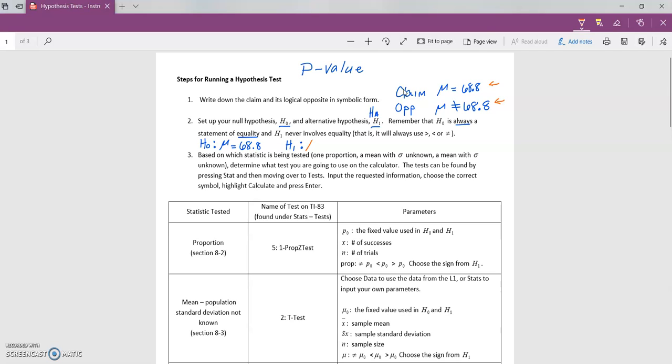So it's the mean does not equal 68.8. So your alternative hypothesis is always going to be either the claim or the opposite claim, whichever one does not have an equal sign. So it's either going to be a less than, a greater than, or a not equal to. Those are your only 3 options.